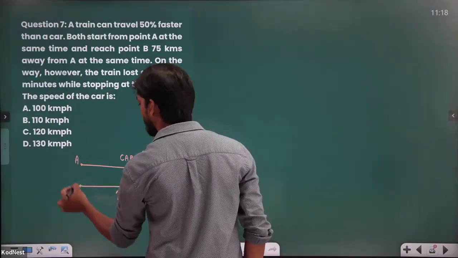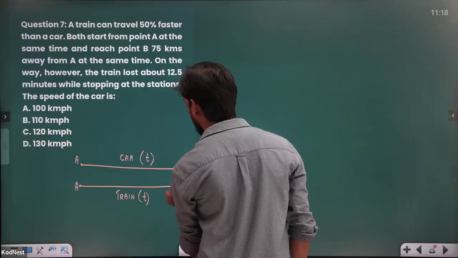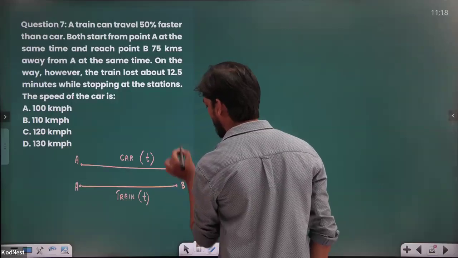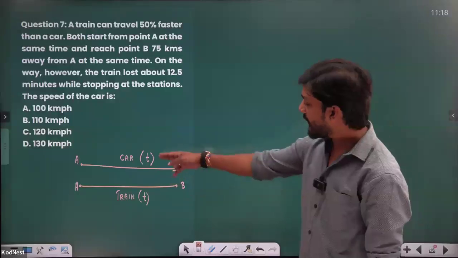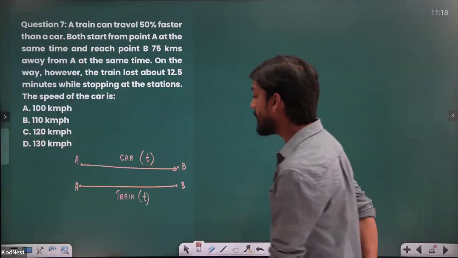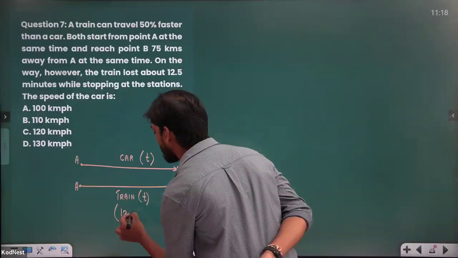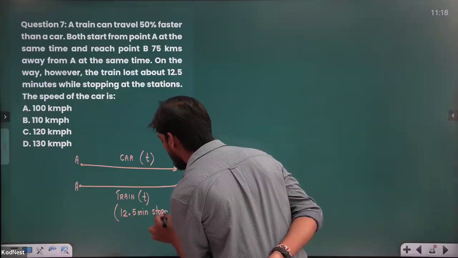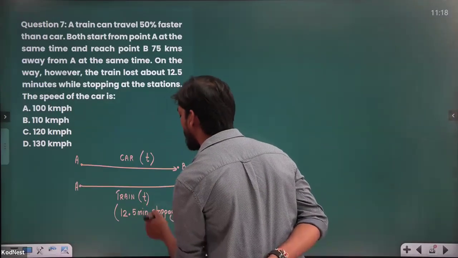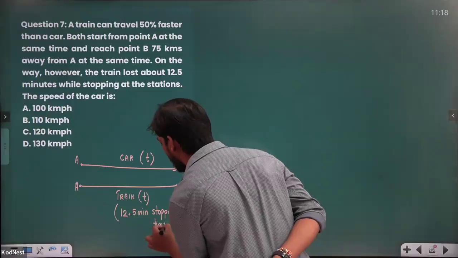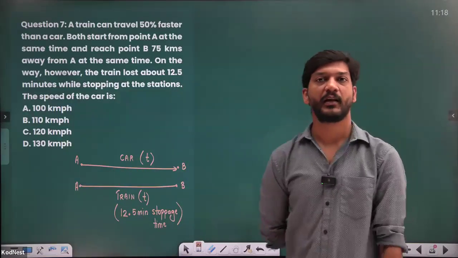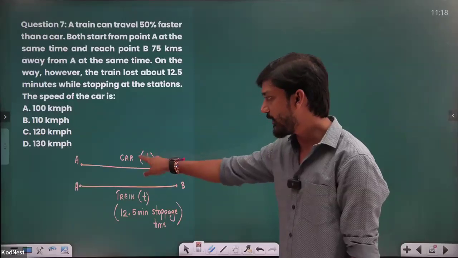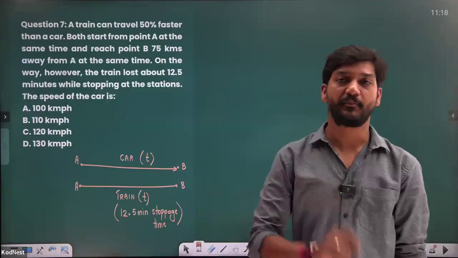This is point A. This is point B. Both are taking the same time, but they take the same time because the stoppage time of 12.5 minutes is included. Okay. So 12.5 minutes is the stoppage time. Then they will reach the point B at the same time.